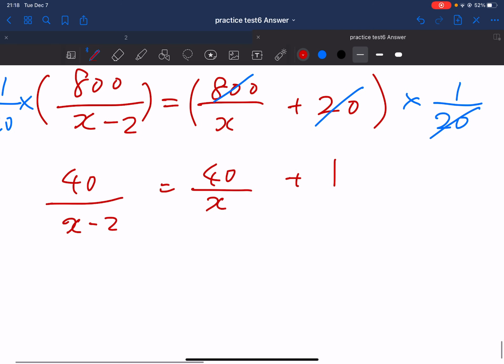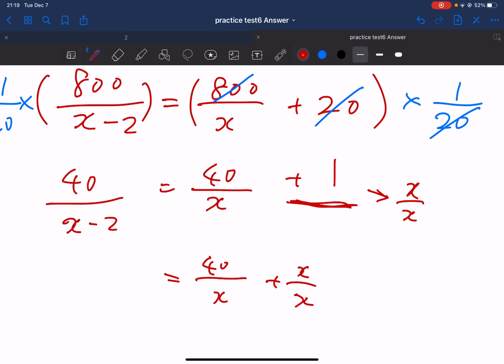Then, since we have 1 right here, you can change this 1 to x over x, because x over x is the same as 1. Left side we have 40 over x minus 2.